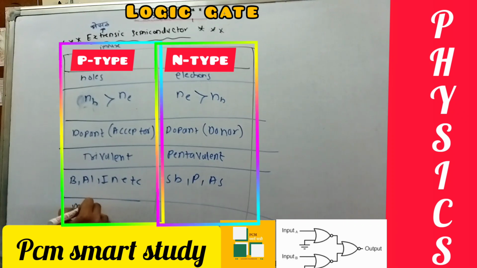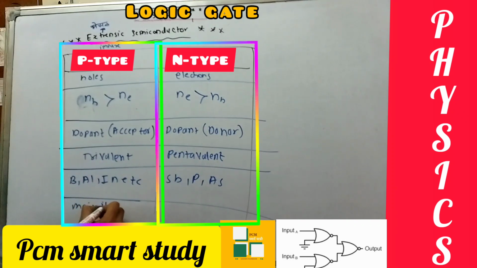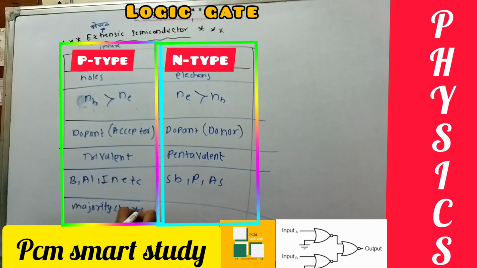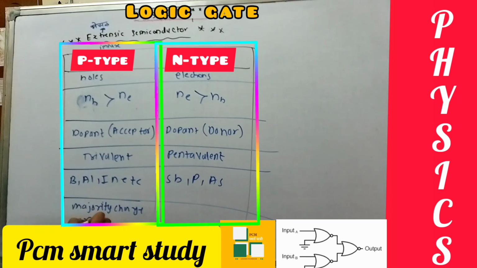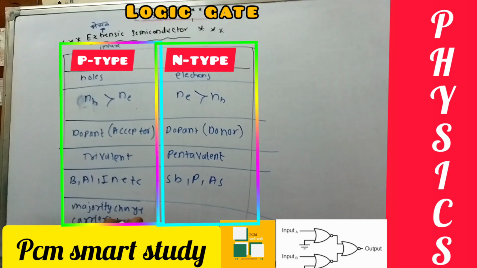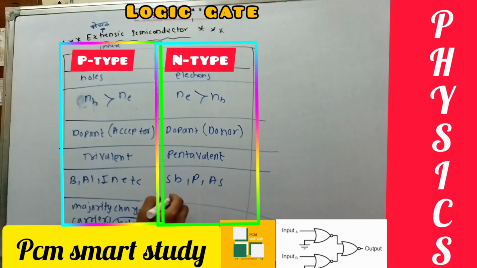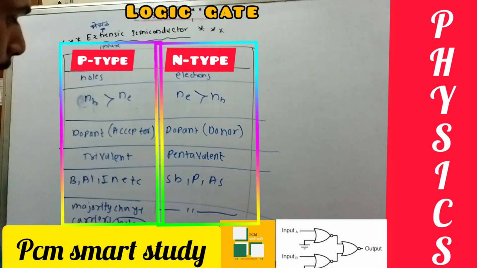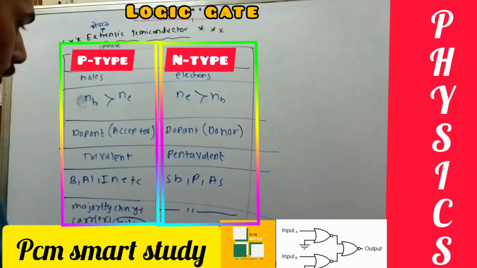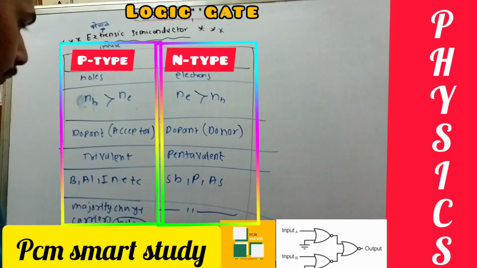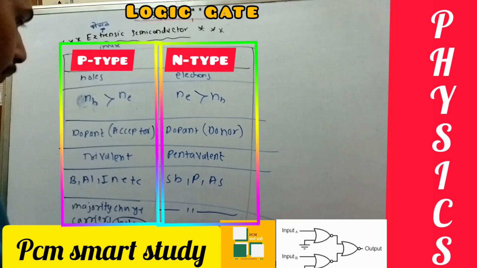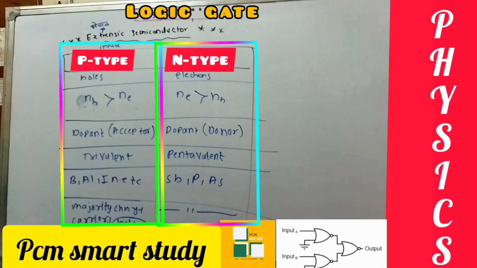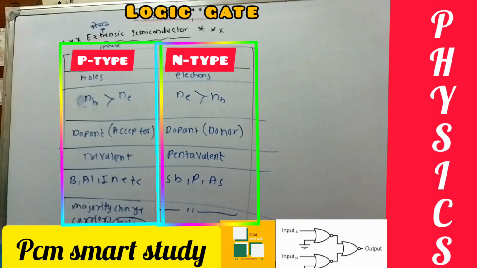P-type has majority charge carriers of holes, and N-type has majority charge carriers of electrons. P-type and N-type are very important.